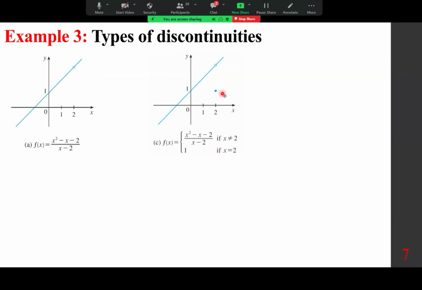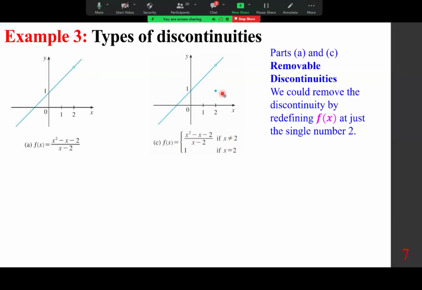So these are removable discontinuities, parts A and C. We could remove the discontinuity by redefining f of x at just the single number, in this case 2. So how do you do that?